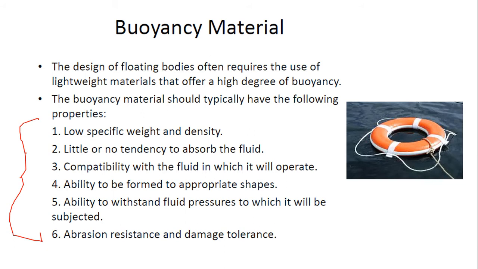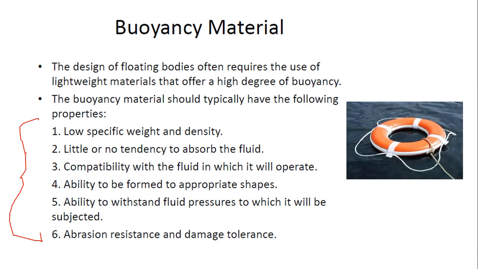So if you are curious how a ship floats, I think that's a basic understanding of how things float. Sometimes some materials might have a hollow area in the body, so they can float as well.